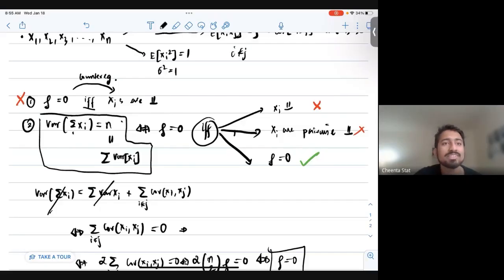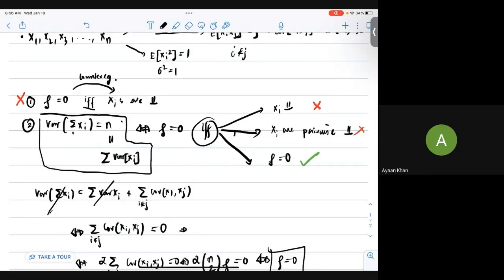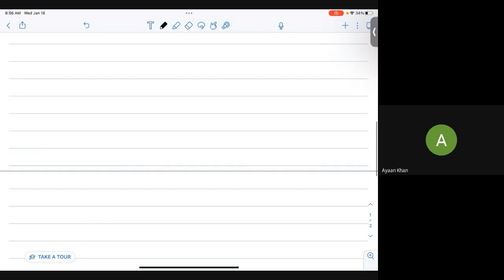But do you think that if the Xi's are independent, they may not be pairwise independent, or must be pairwise independent? Independence is a very strong criterion. What do you think? If they're pairwise independent, there's no reason they won't be independent in general together. But the other way around, I don't think it would work.